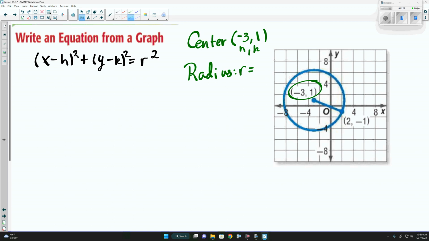The value of h is -3. The value of k is 1. So for the general form, we can plug that in. So we can say x minus -3 squared plus y minus 1. So we can go on and plug in the values of h and k.